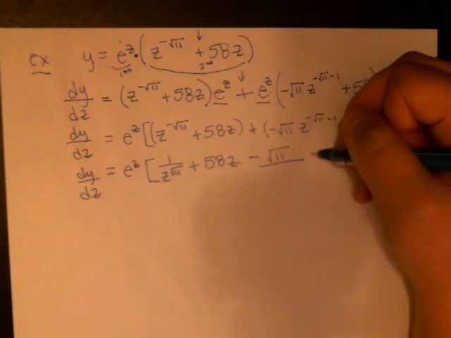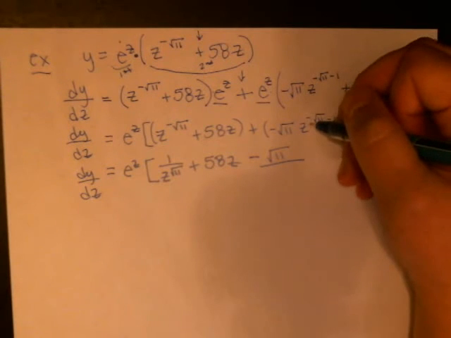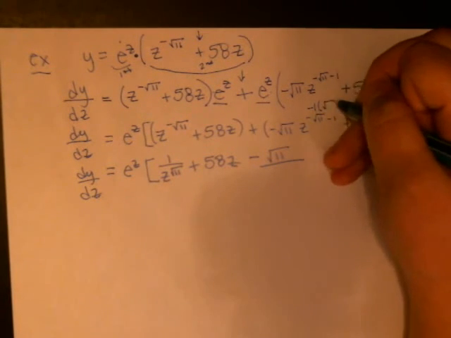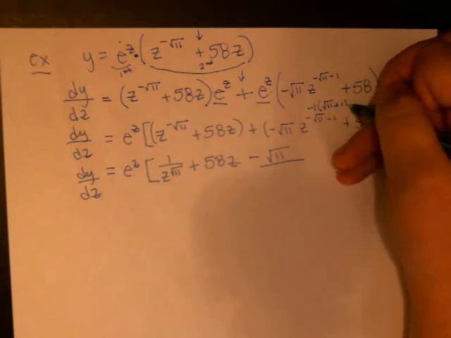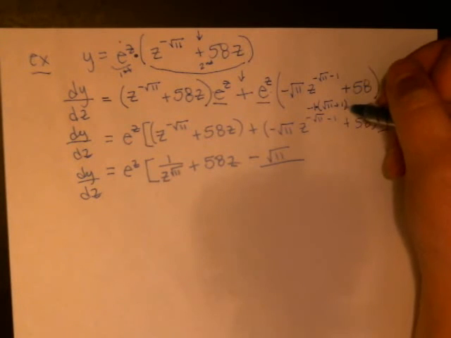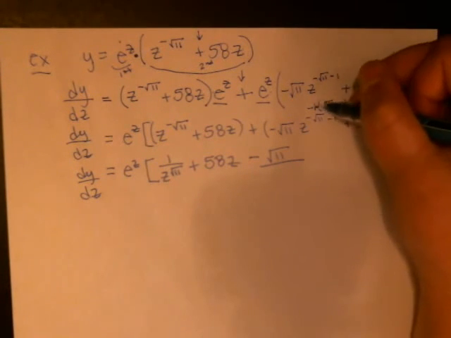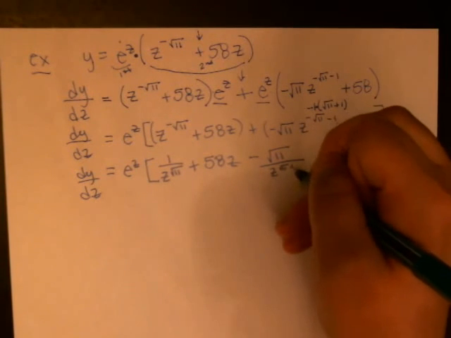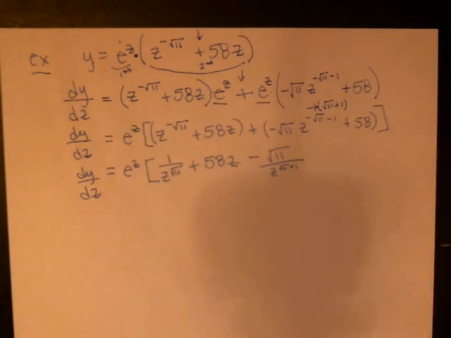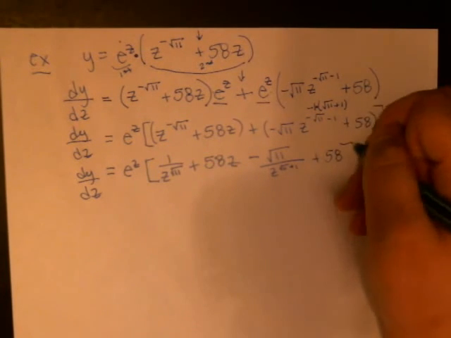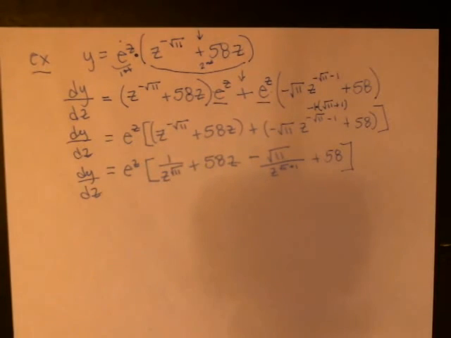If you move something down into the denominator, it's like multiplying its entire exponent by -1, or you can think about it this way, you can factor out. So if we look at it as -1 times root 11 plus 1, when we move it to the bottom, that gets rid of the -1, which changes both. So this is actually going to be root 11 plus 1. A lot of people want to leave the -1, and it's not quite right. And then we have a plus 58, and that's all done. So that's kind of a messy one.